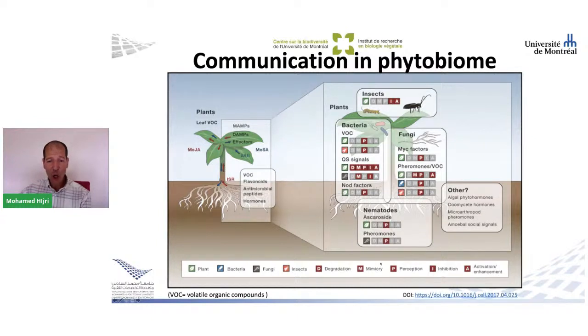You can see that all the bacteria, fungi, insects, and plants are interacting with each other. And again, the most complex biotope is really in the roots.